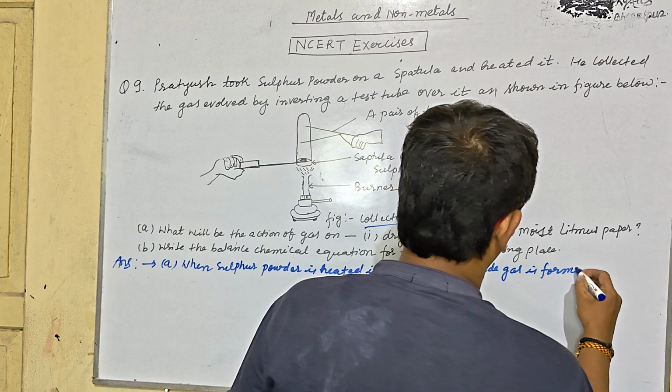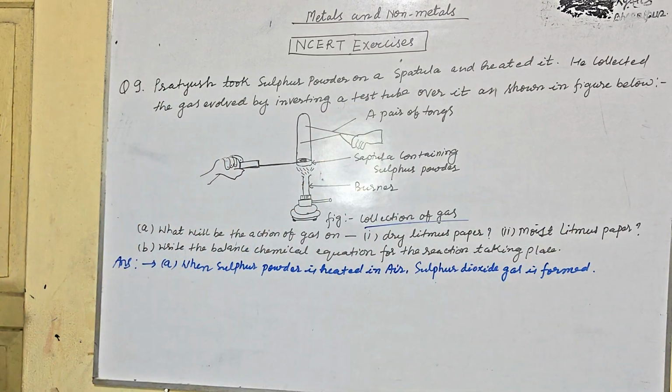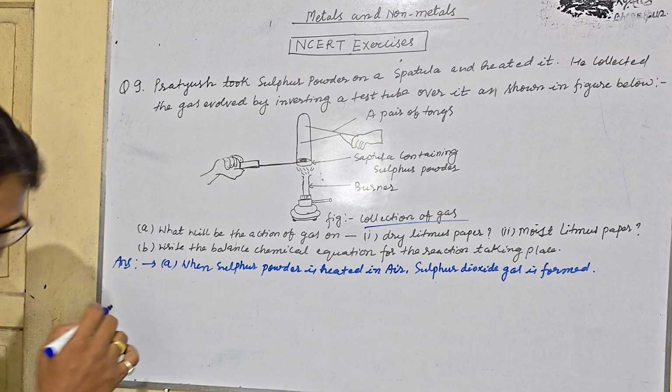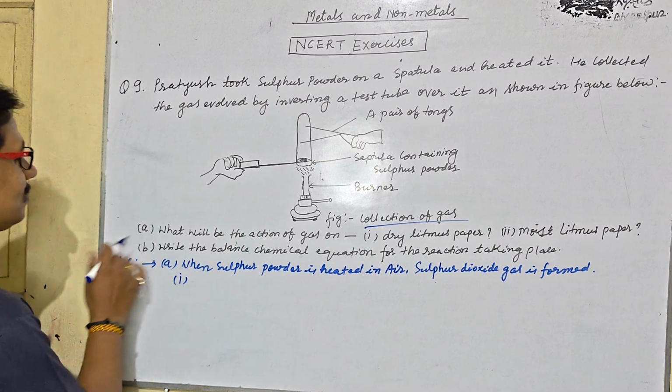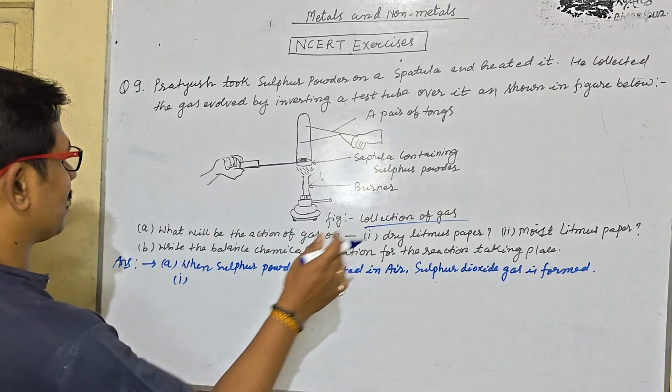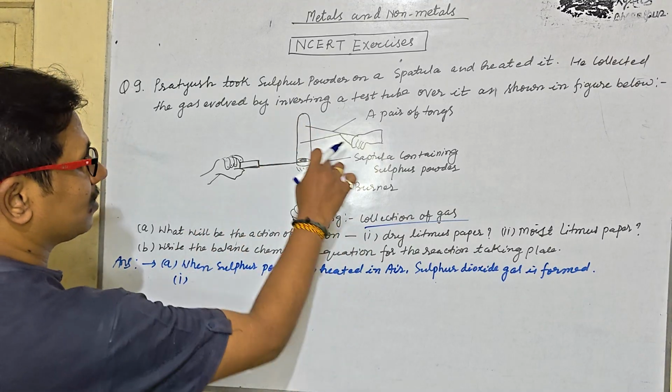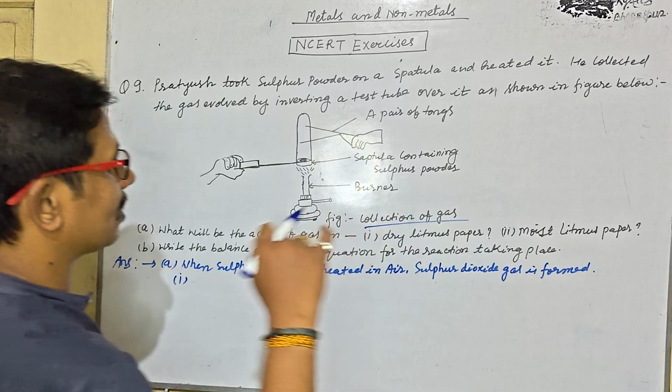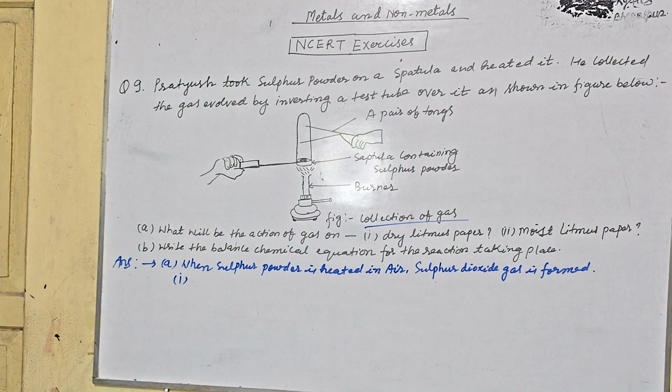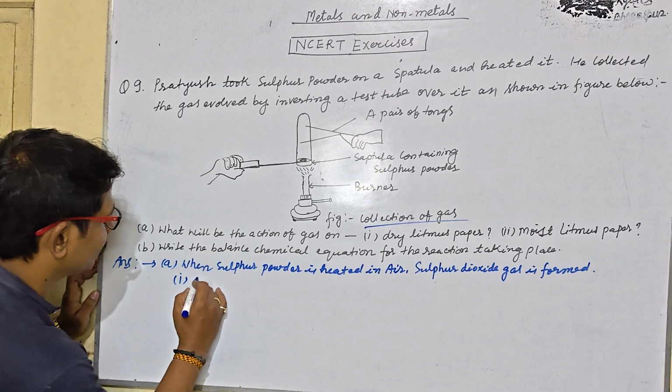And the effect on litmus paper? Sulfur dioxide has no action on dry litmus paper.